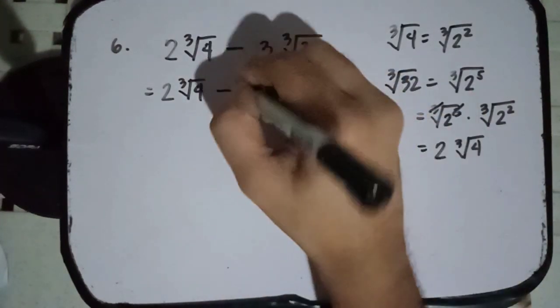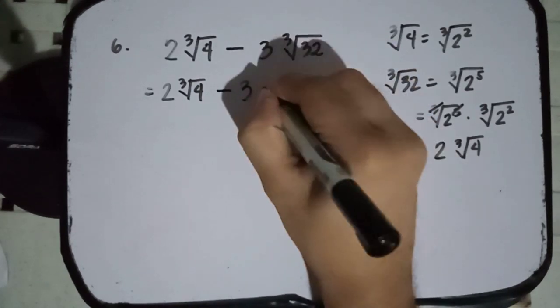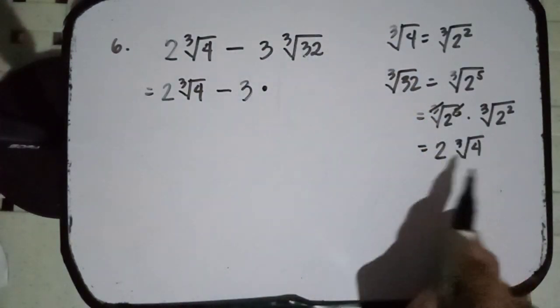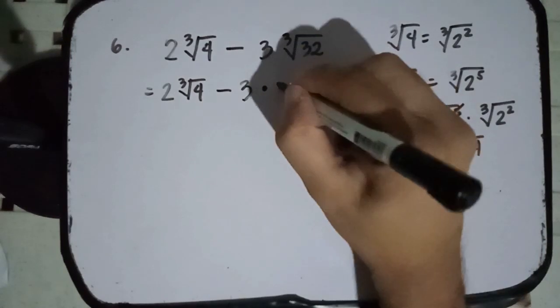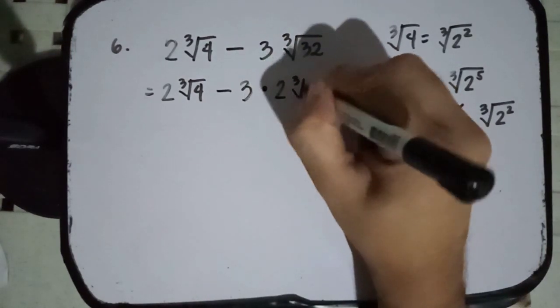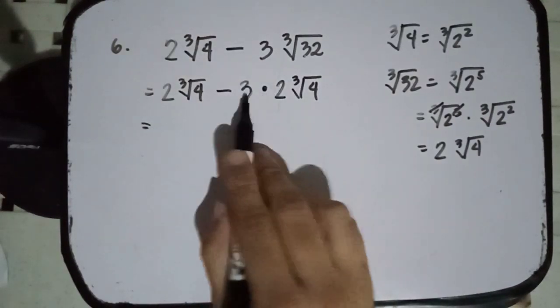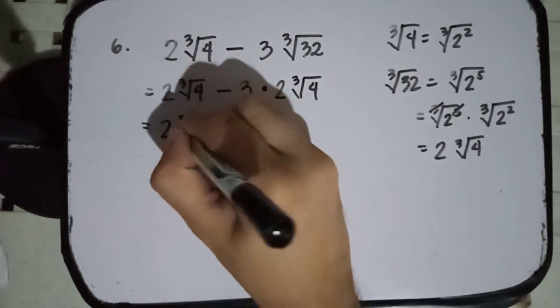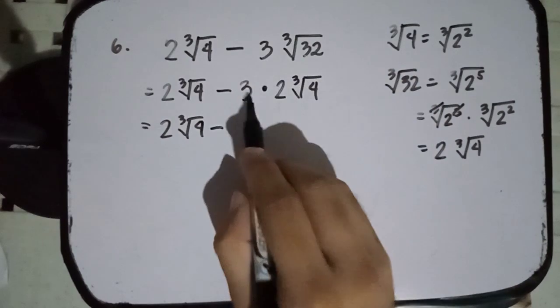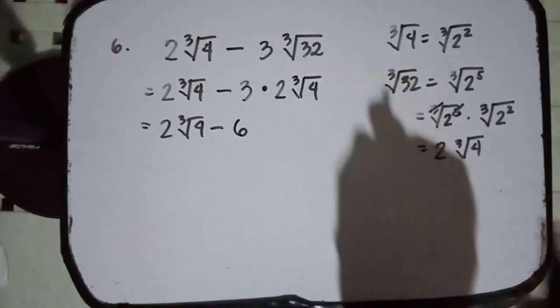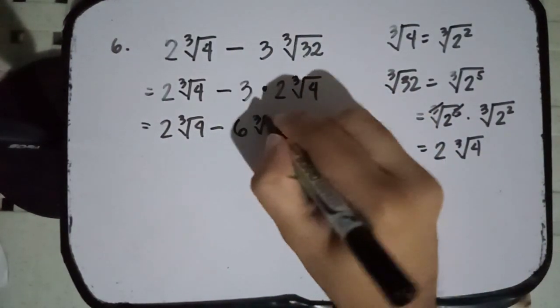So, isulat muna natin yung 3, diba? Times yung ito na simplify na to this one. So, 2 times the cube root of 4. Okay? And then, saka natin i-multiply ito. So, we have 2 times cube root of 4 minus 3 times 2 equals 6. Yan. Then, cube root of 4.